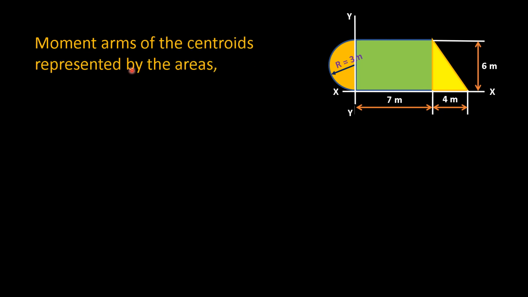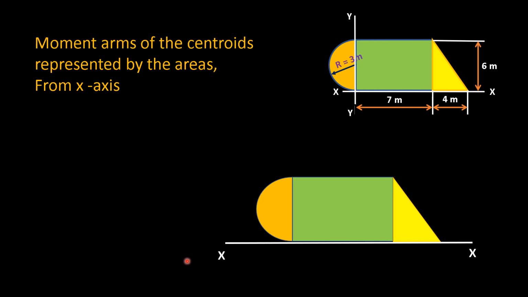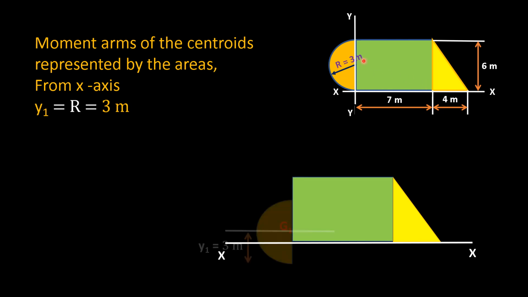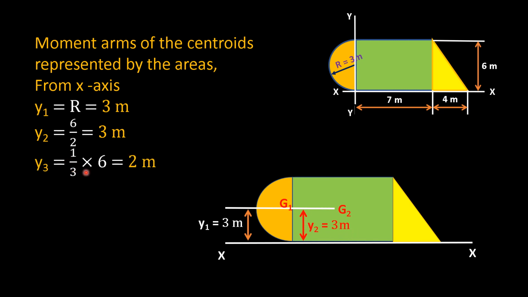Moment arms of the centroids represented by the areas from x-axis. y1 equals r, which is 3 meter. y2 equals 6 divided by 2, which is 3 meter. y3 equals 1/3 multiplied by 6, which is 2 meter.